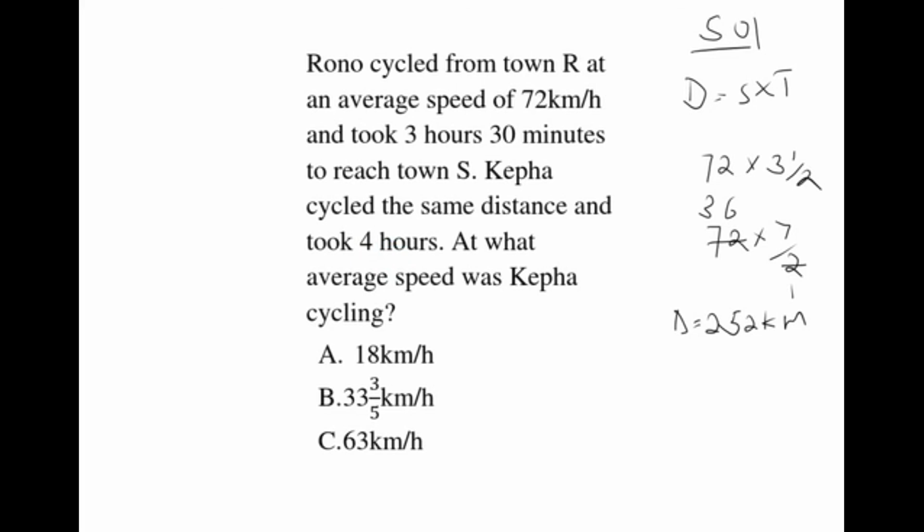Therefore, here we have 252, time taken is 4 hours. 4 divided by 4, 1. 252 divided by 4 is 63. Therefore, Kefa's average speed was 63 kilometers per hour. Our correct answer is C.